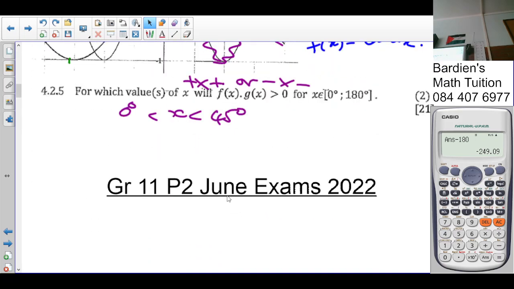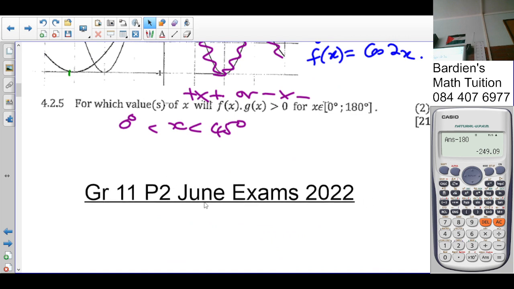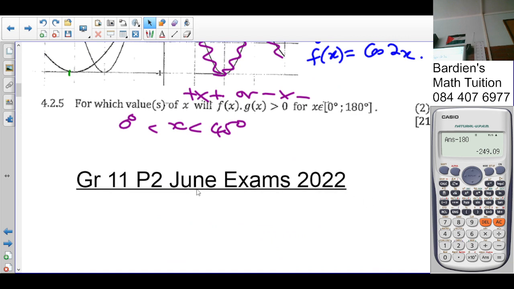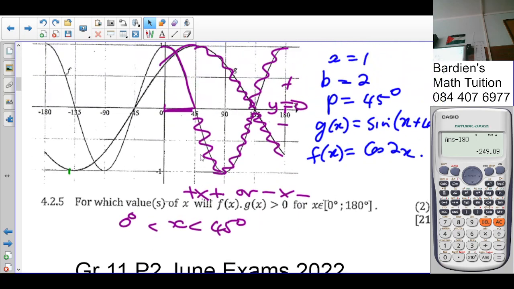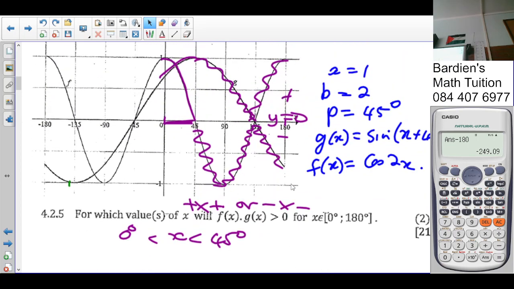Yes? Do you have an equal sign here under? I think that's where you're going wrong. I'm missing that as well. You see, I'm now making the same mistake that you made in your exam. It should be an equal sign. Why? Because this is inclusive.